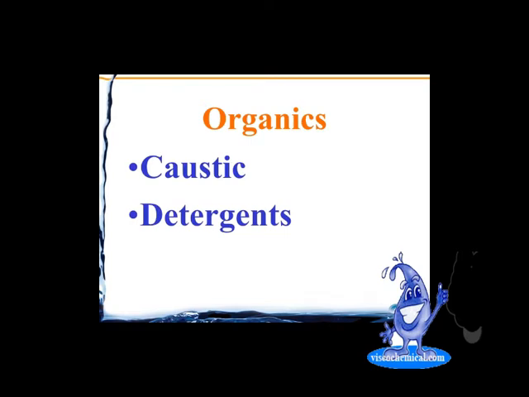So caustic, also detergents can be very beneficial. Detergents being like surface wetting agents. Just like if we try to clean engine oil off our hands, we go just to the sink and run water. It's not going to do any good because the water and the oil don't mix. But we use a detergent that has a non-polar end that dissolves in the oil and a polar end that dissolves in the water, then we can get this off.